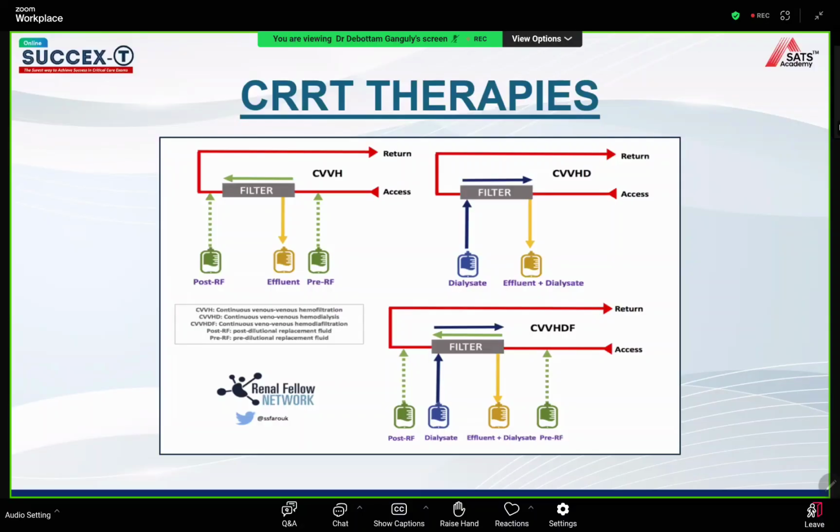The name is replacement, but it does not replace anything. It just helps the procedure of convection. Usually normal saline is used as a replacement fluid. It can be pre- or post-filter. So ultimately, in CVVHDF, continuous veno-venous hemodiafiltration, the ultimate product comes as effluent and dialysate and pre- or post-replacement fluid.